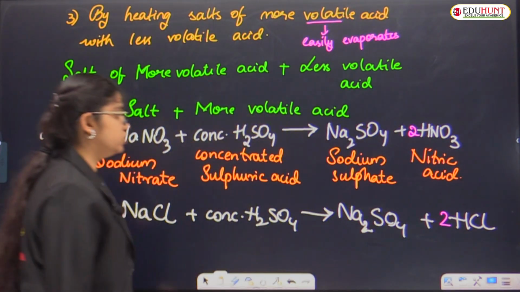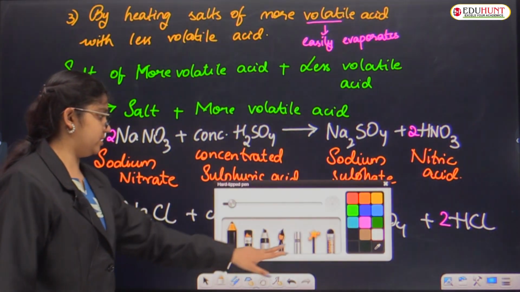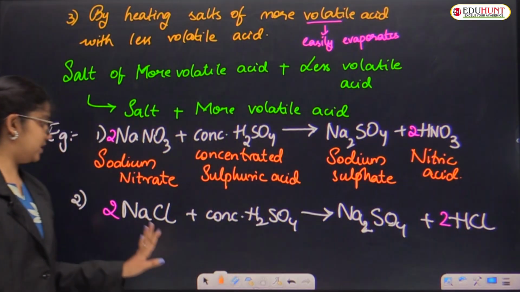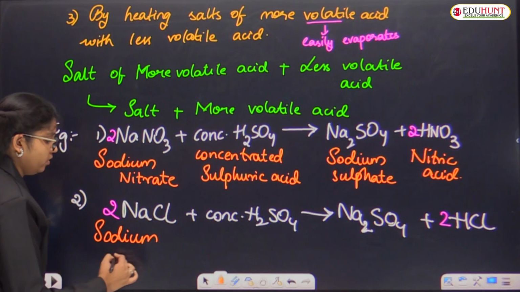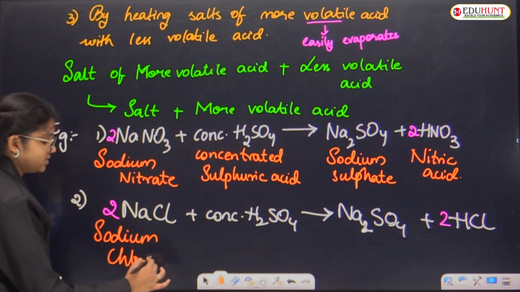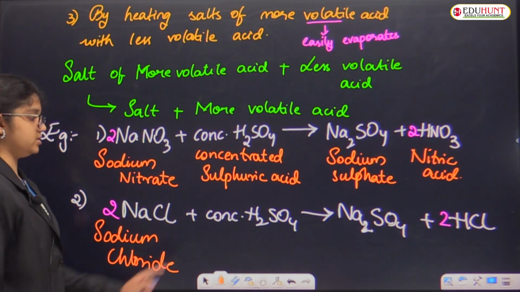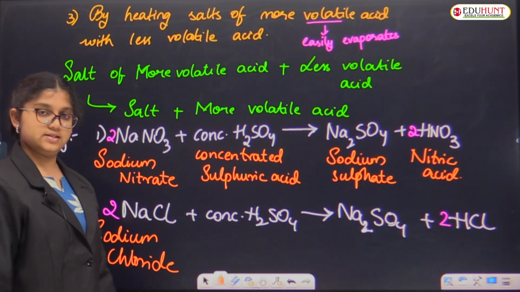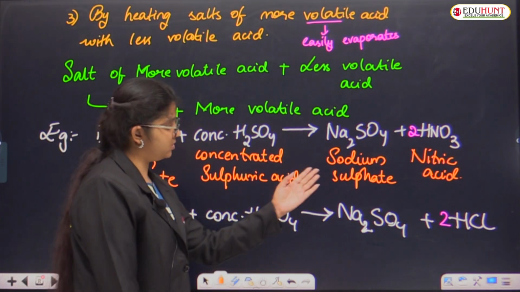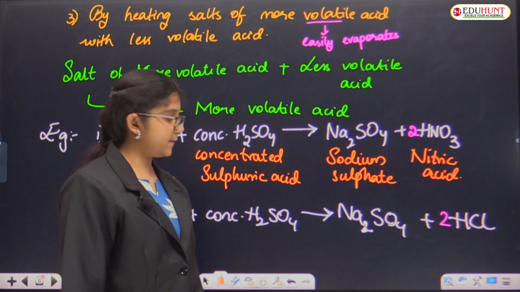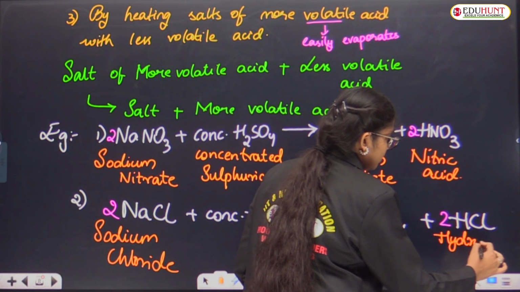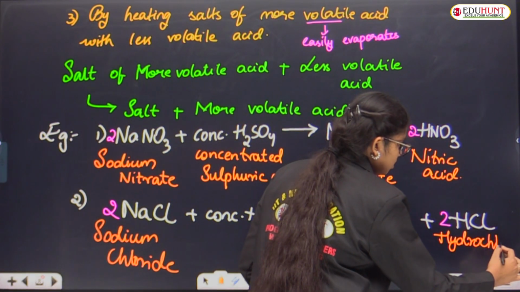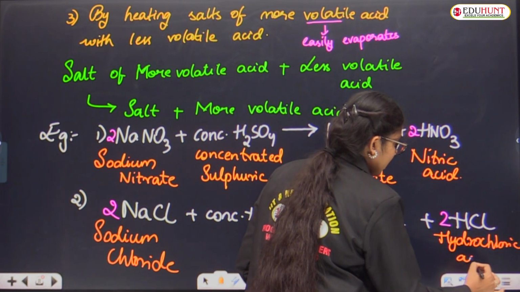Na2SO4. Okay, children, now what is the name for these particular compounds? Tell the names. NaCl means sodium chloride, also called as table salt. Very good. This is concentrated sulfuric acid. Same name you can write down. What is Na2SO4? Same name, sodium sulfate. Okay, and what is HCl? Hydrogen chloride, also called as hydrochloric acid.